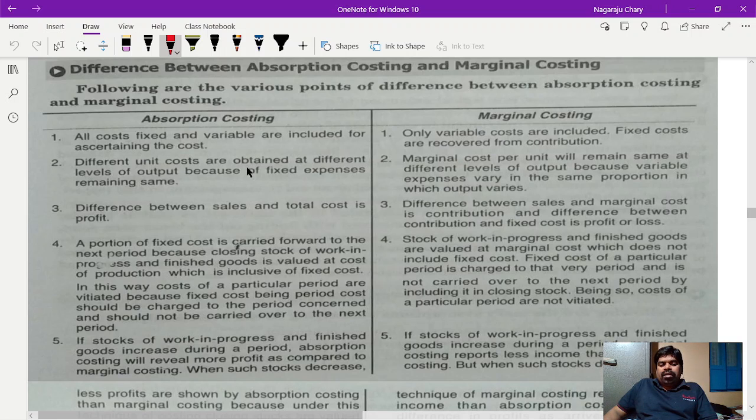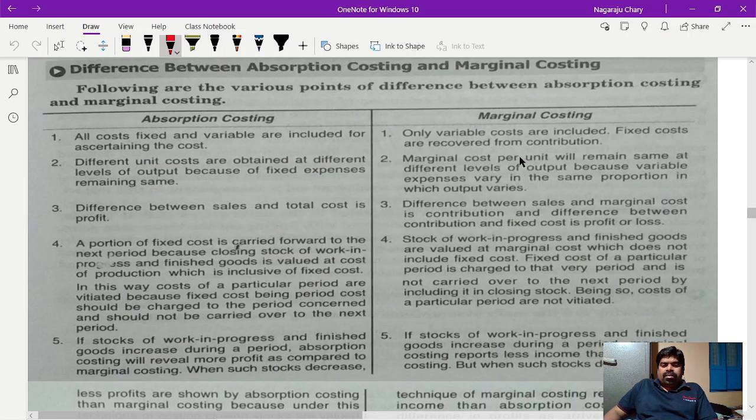Different unit costs are obtained at different levels of output because fixed expenses remain the same. Definitely there is no change in fixed expenses.